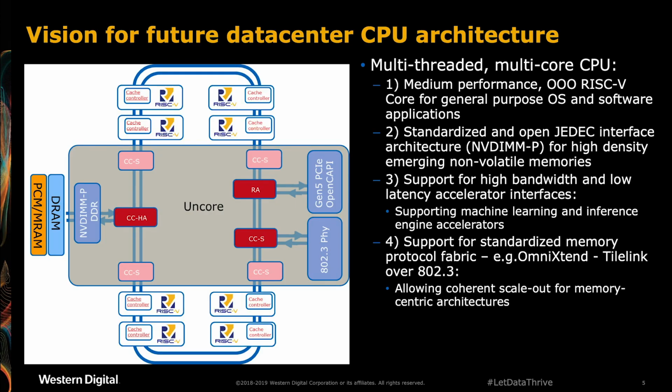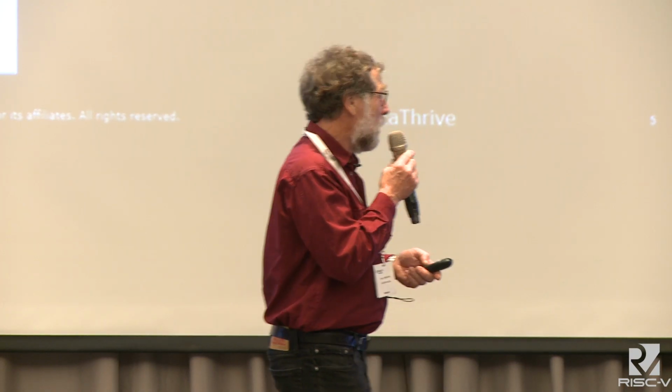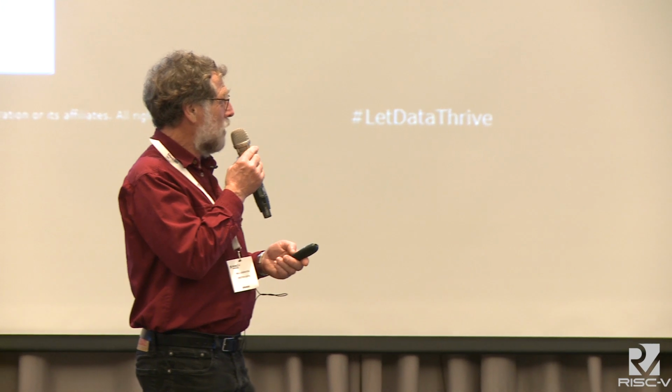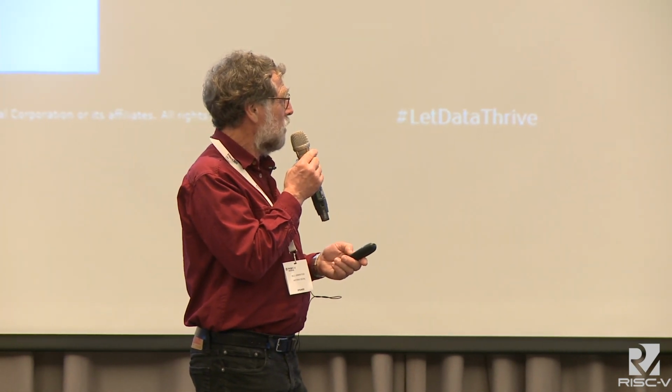So, a medium performance out-of-order RISC-V core. We can have a standardized and open JEDEC interface architecture. This NVDIMM, which I actually worked on at my last job, is for high density emerging non-volatile memories.